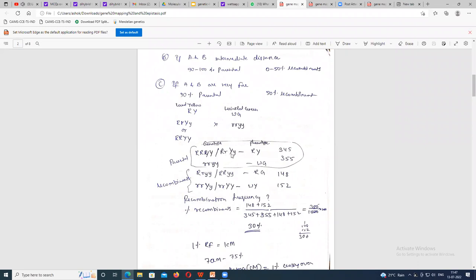Capital Y, small y or capital Y, capital Y: yellow. So the phenotype of the parent is round yellow. Small r small r is the recessive character of round: wrinkled. Small y small y is the recessive character of yellow: green. So wrinkled and green. These are the parental combinations.